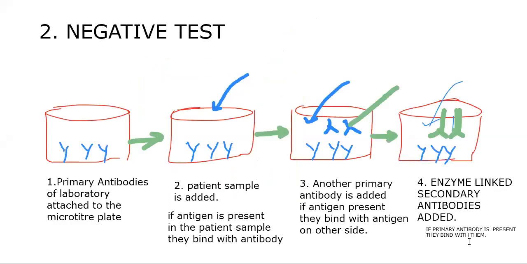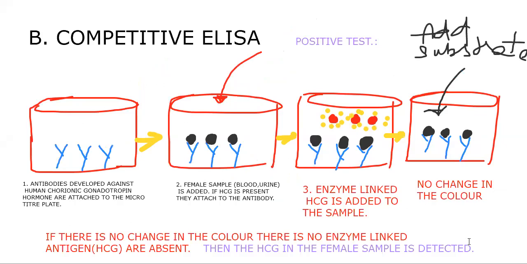Okay. Next, the competitive ELISA. This is also direct ELISA. Mostly we do this for pregnancy test. Here, the antibodies which are produced against HCG, human chorionic gonadotropin, are present and they attach to the well. The female sample is added.